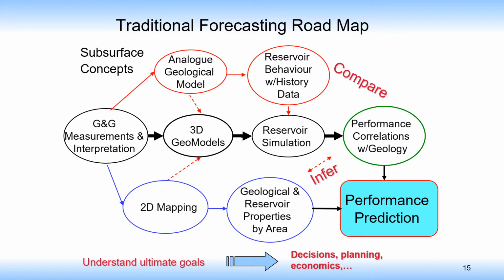We're always looking at the geological and reservoir properties that relate to performance. And this main workflow here is that we build our models, simulate, and get those relationships to predict performance. So we want to use some of these relationships, if we can, to estimate performance.